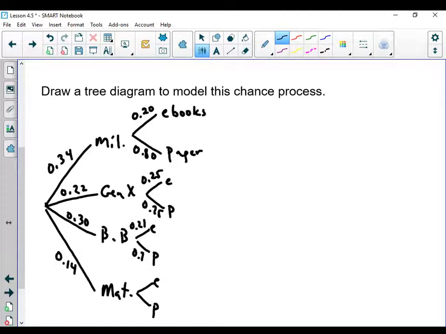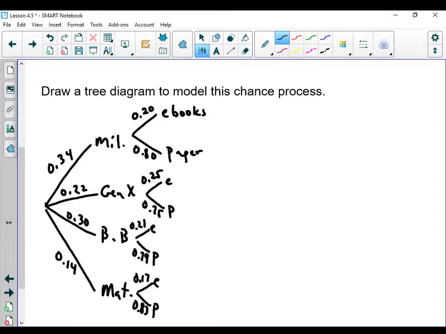So that leaves 79 for paper. And finally, for matures, it was 17% for ebooks and 83 then would be left over for paper. So that would be our tree diagram. That's the entire sample space because it has all the options and it has all the probabilities for each of those options.